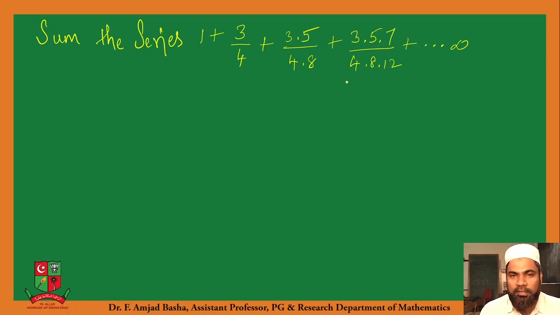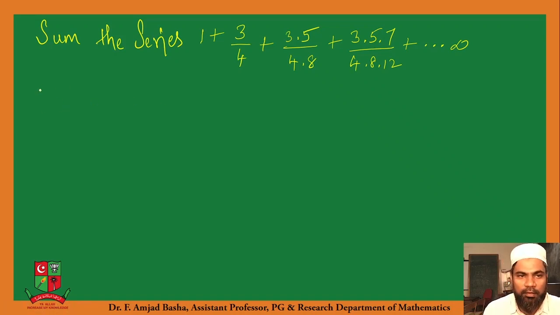And the third point is that each successive term has one additional factor in the numerator as well as denominator. Even that is being observed here. So when all the three cases are observed, you can use summation of series formula to find the sum of this given series. So let me solve this problem now.